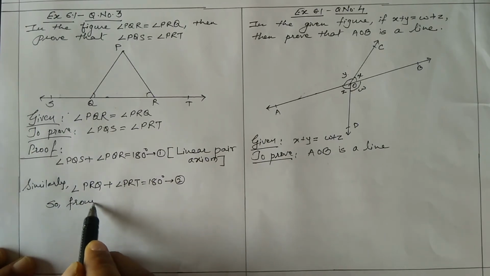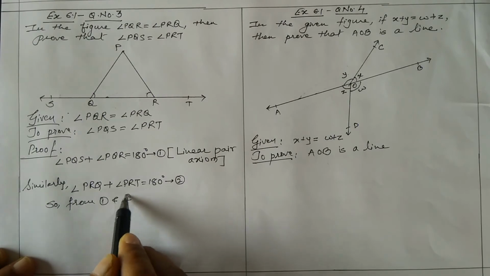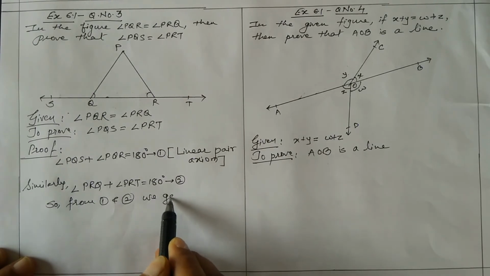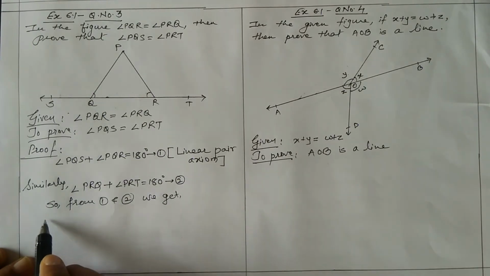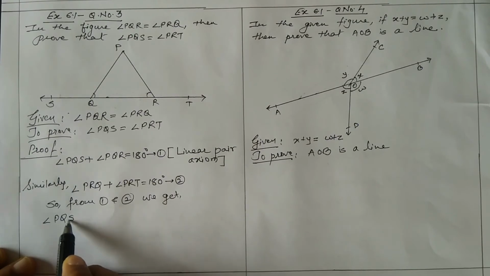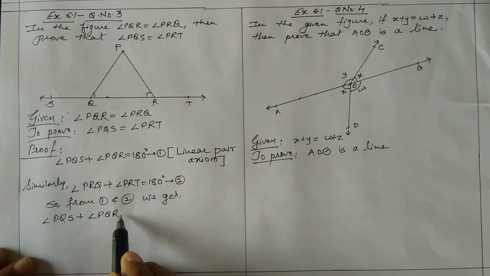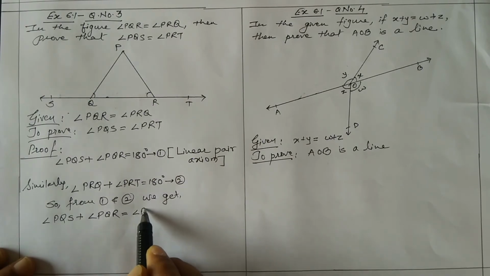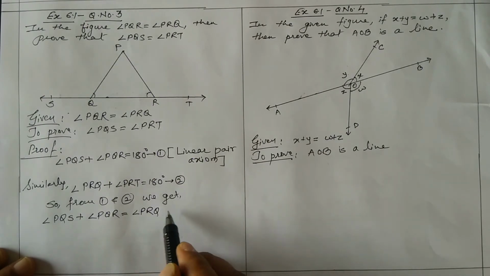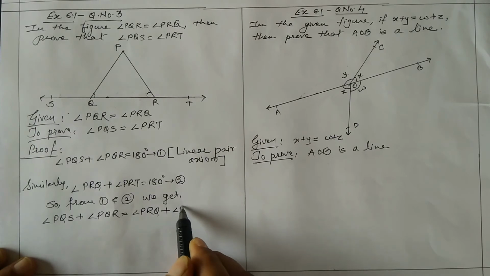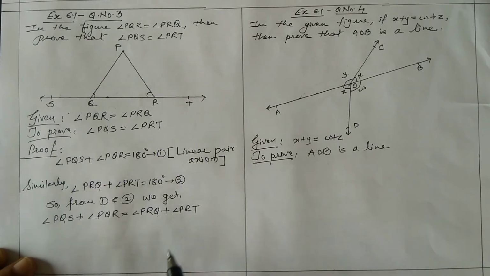From 1 and 2 we get angle PQS plus angle PQR is equal to angle PRQ plus angle PRT.